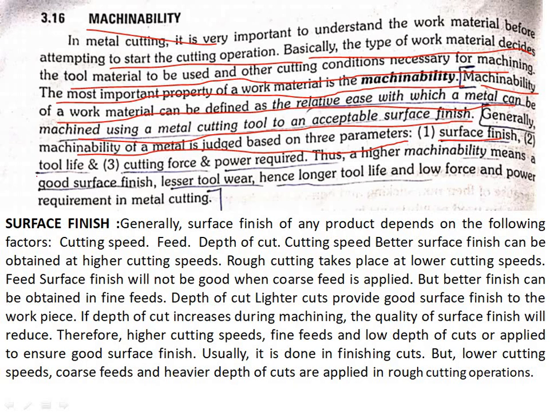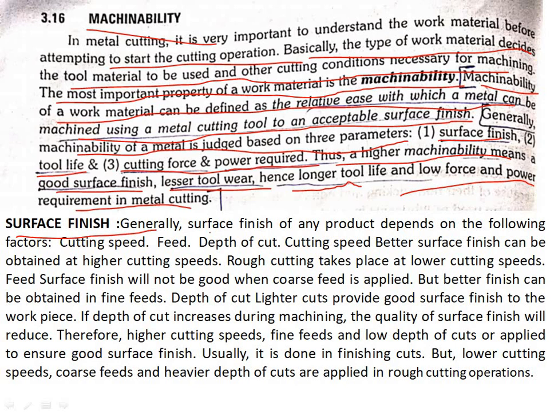First one is surface finish, second one is tool life, and third one is cutting force and power required. Thus, a higher machinability means a good surface finish, lesser tool wear, hence longer tool life, and low force and power requirements in metal cutting.